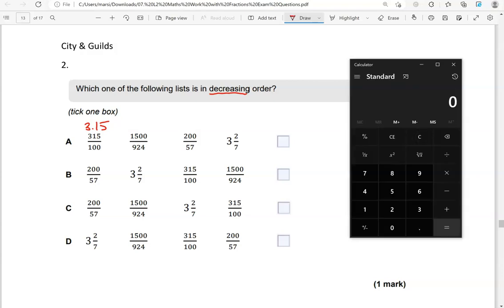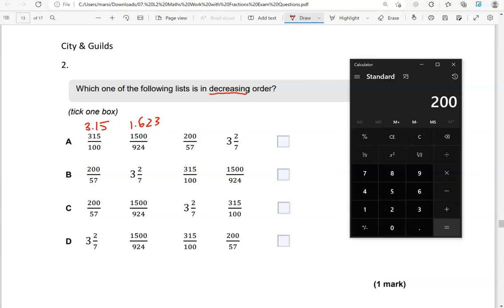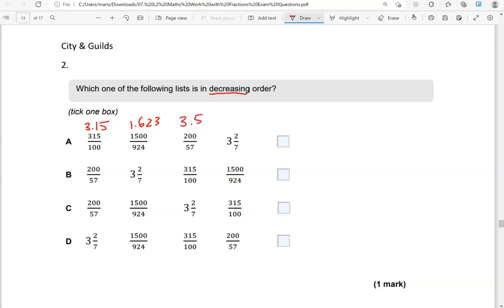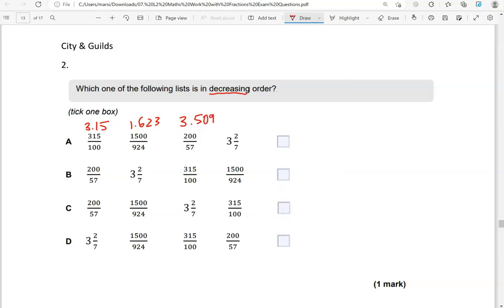We've got 1,500 924s, so that is 1.623. 257s, so 3.509 maybe.